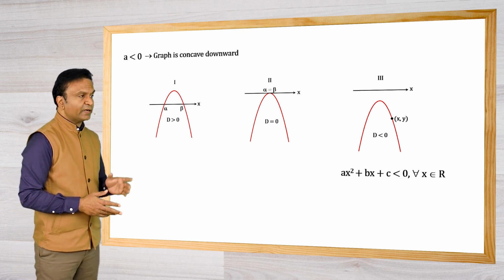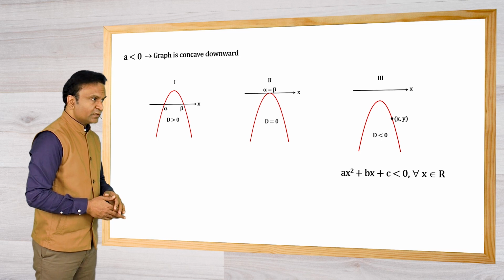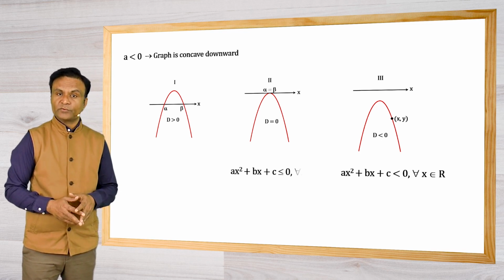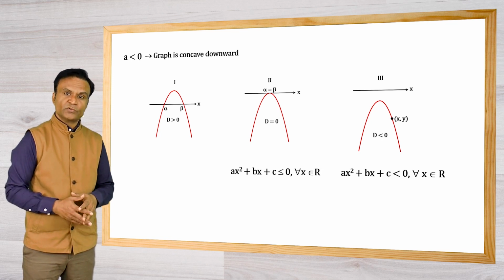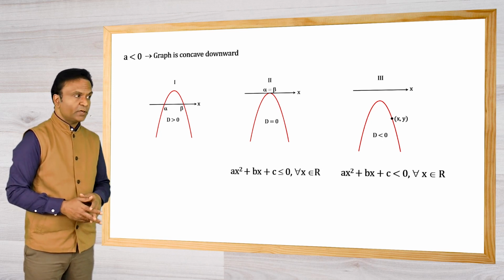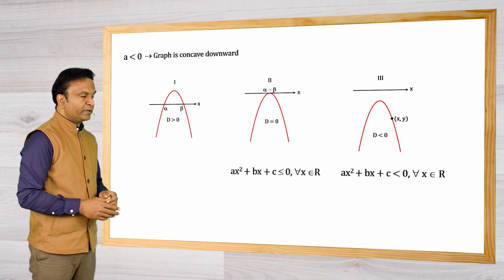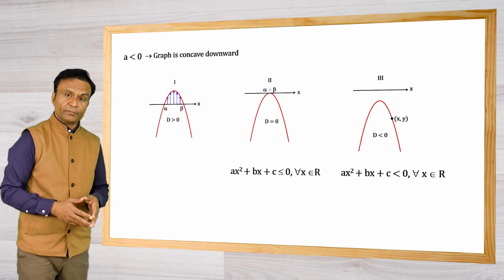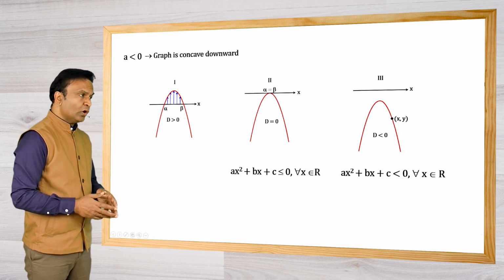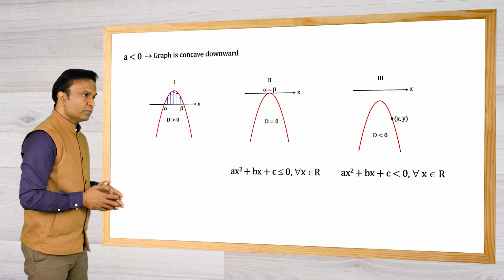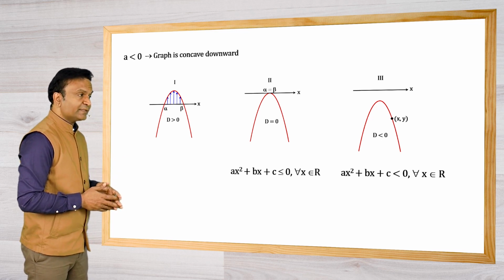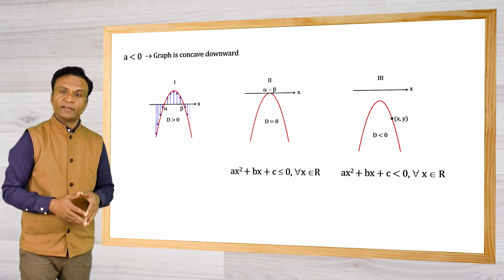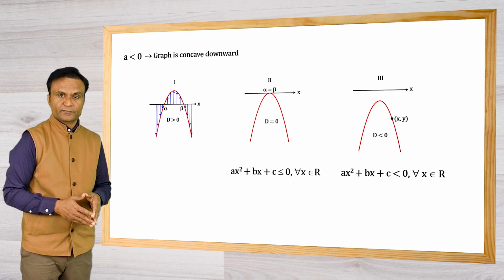In the second figure, where the graph is touching the x-axis, ax square plus bx plus c is less than or equal to 0 for all x belongs to R. And in the first figure, when the value of x lies between alpha and beta, the value of the quadratic function is positive, and when x lies outside alpha and beta, the value of the quadratic function is negative.